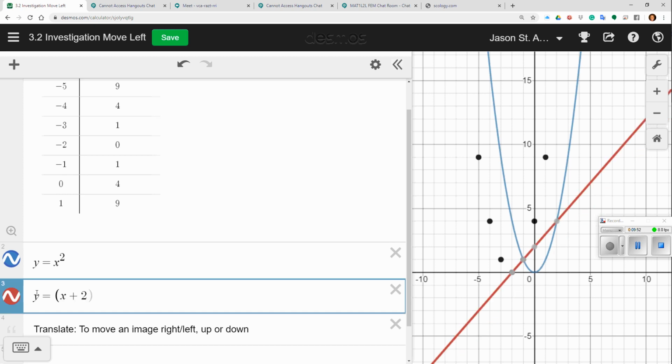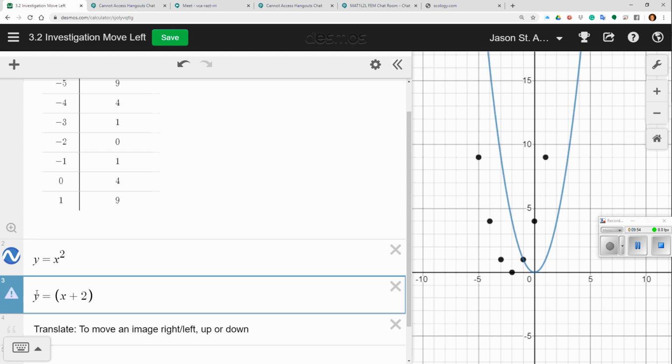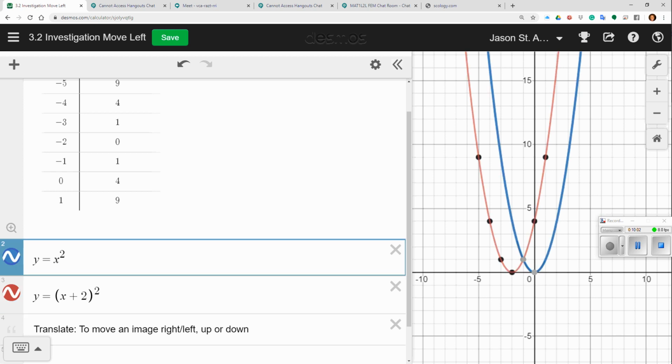So what's happened is, when we're looking at this problem, our vertex here started at 0, 0, right? And then we go over to this other point, its corresponding point has been shifted to the left exactly 2 points. So if it says x plus 2 inside our bracket, I think of it as opposite world.